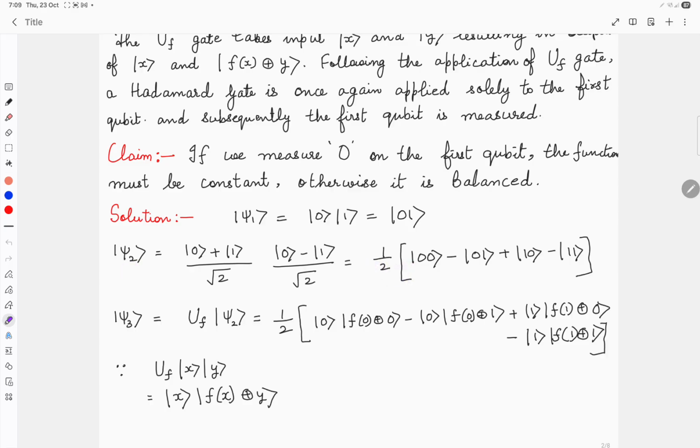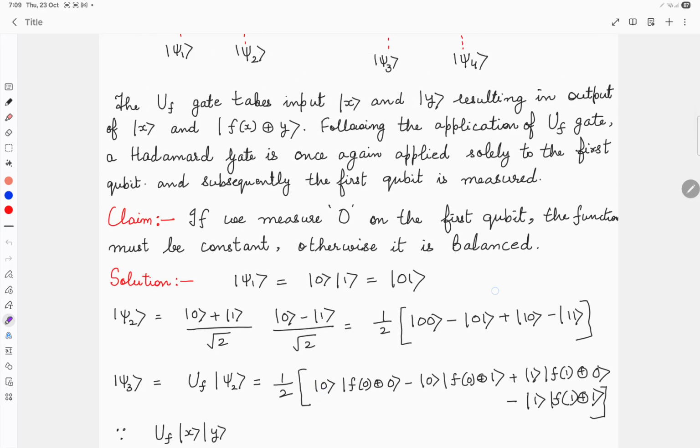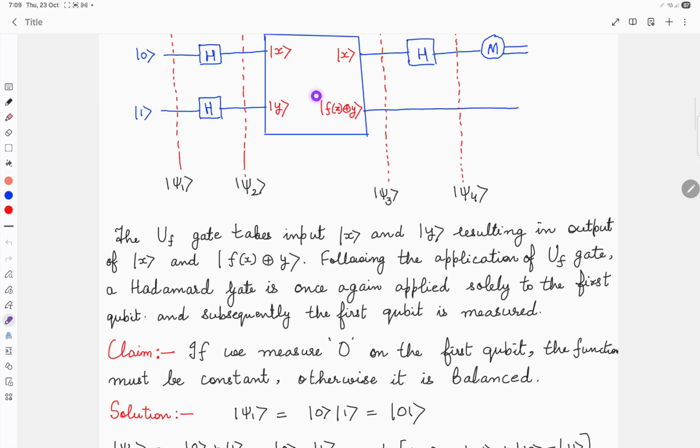Ket x is the first qubit and f(x) plus y is the second qubit. This is 0 here, so it will come straight as it is. That's what this quantum oracle is doing.